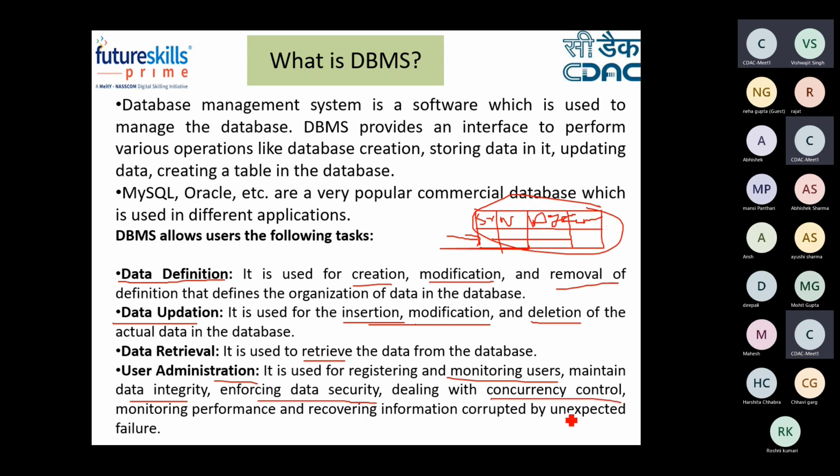Because we always need to ensure that until an operation is completed, another operation cannot be performed on the same data at the same time. We can use a lock protocol also. Lock protocol means if a write operation is going on, then read cannot be performed. If read is going on, then at that time write cannot be performed on the same data. So all these things come under user administration.